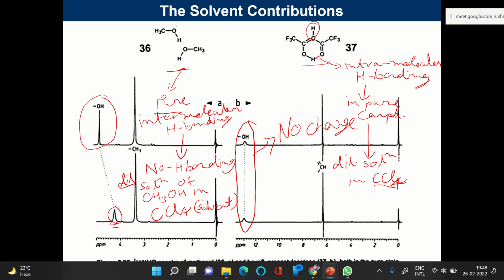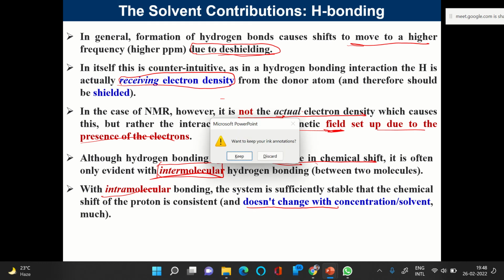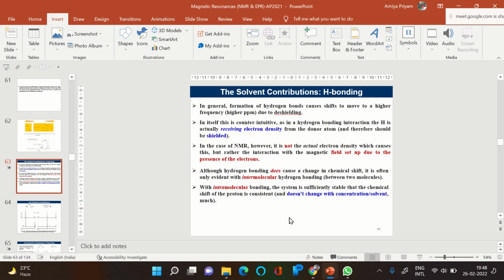The distinction can be made only if it is intermolecular hydrogen bonding, and this was the point I was trying to make in the previous slide. A change in chemical shift will be obtained if it is intermolecular hydrogen bonding. The intramolecular case remains unchanged, whatever you try with concentration or change of solvent.